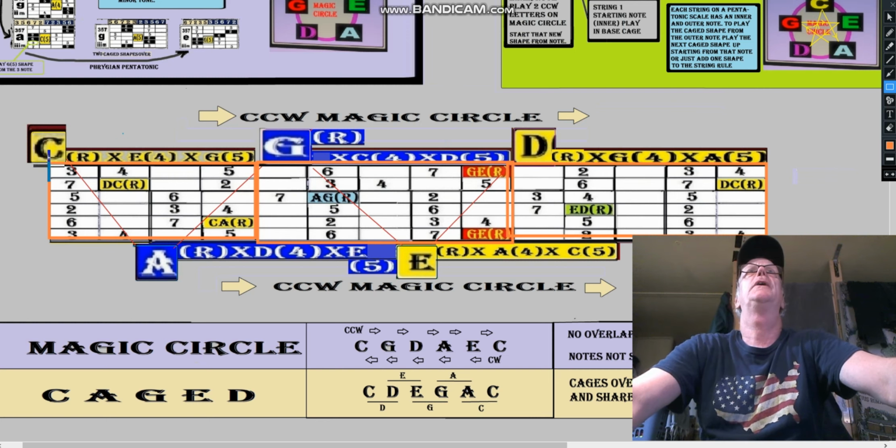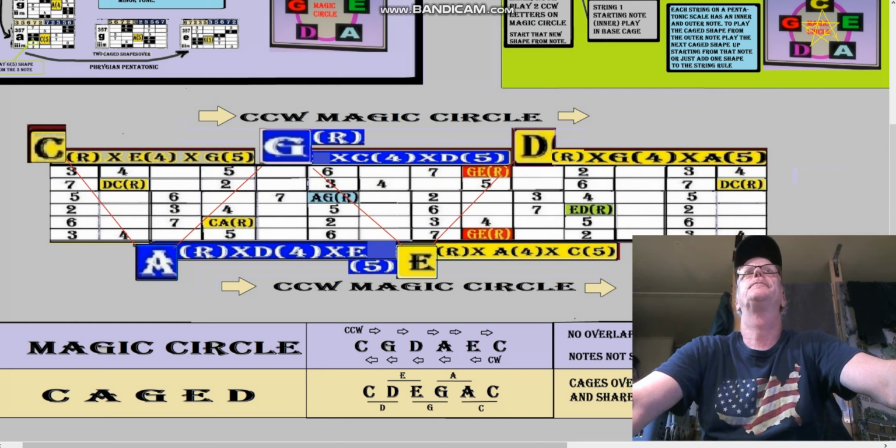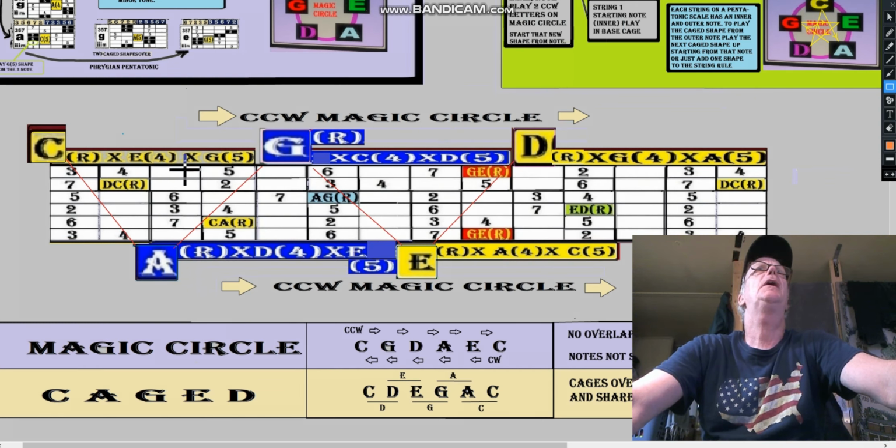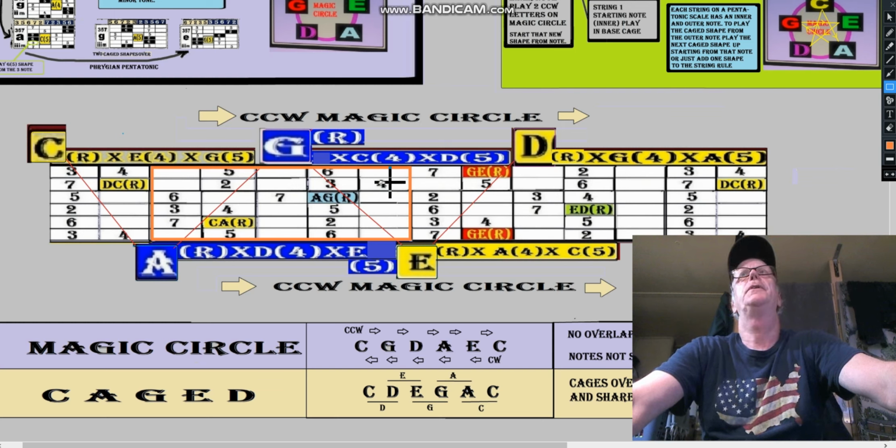Similarly, it goes around, so it goes C, G, D, A, and E. They don't share notes either. The A box should be over here. It starts with these notes down here in the long notes, and then it ends up with the leading D shape, fourth up there.